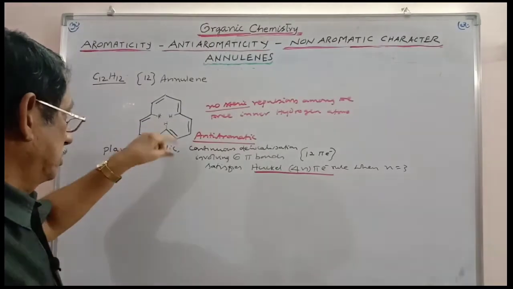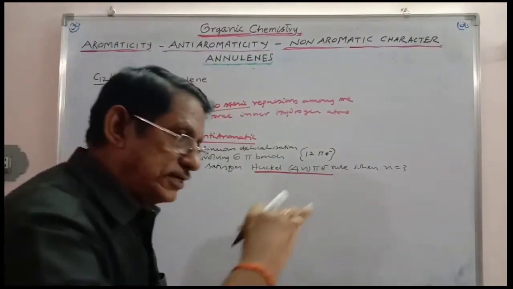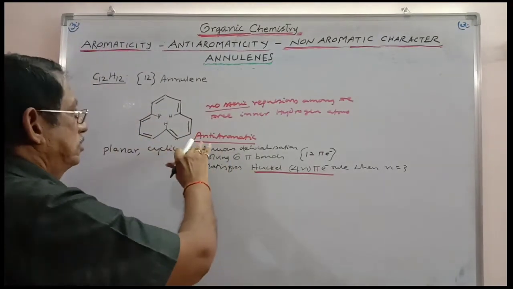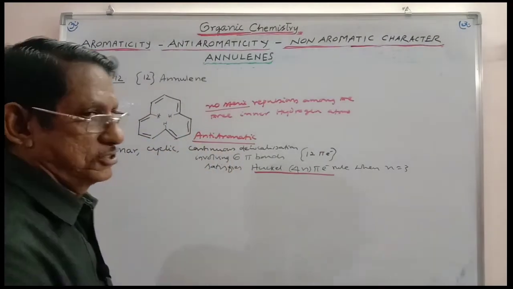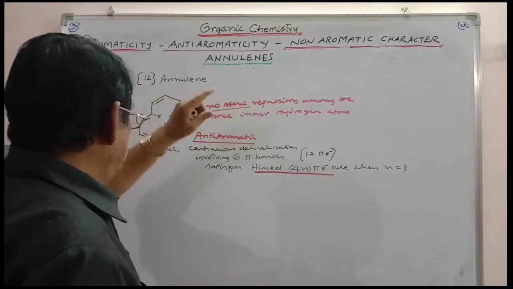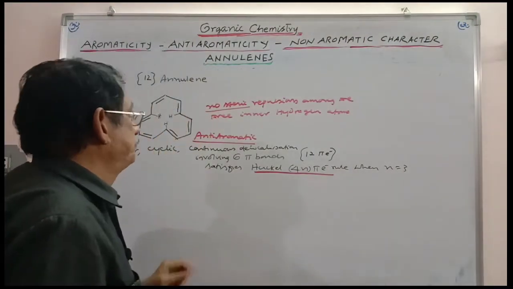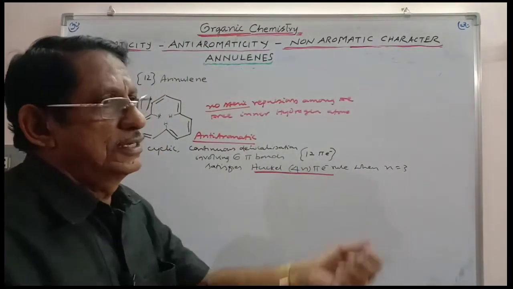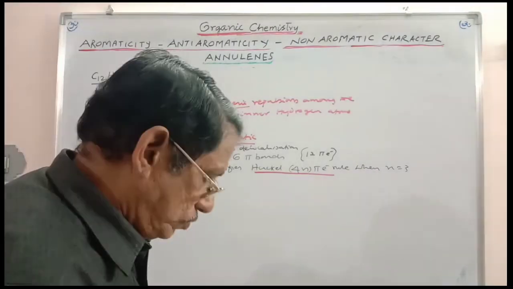When there is no steric repulsion, there is no distortion from the structure, planarity remains there. And so, the structure, what is expected, that remains correct. And that is why C12H12, 12-annulene, is anti-aromatic, because the delocalized cloud is satisfying Huckel 4n pi electron rule.